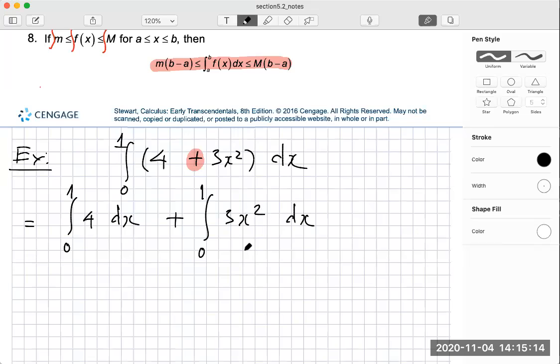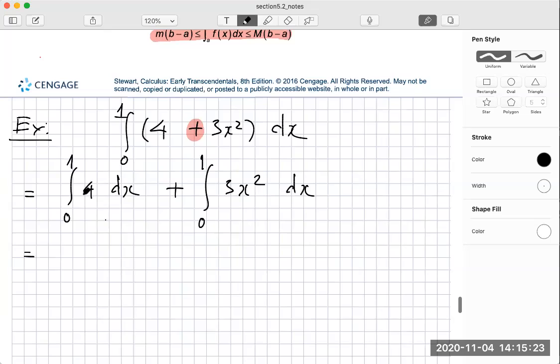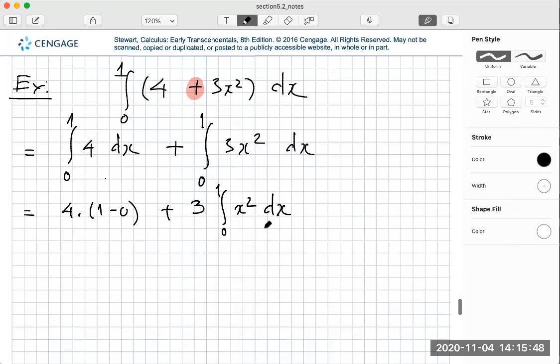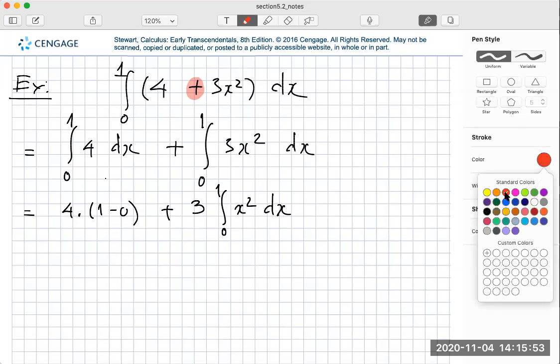Perfect. Very good. And here, the integral from 0 to 1 of the number 4 gives us? Yes, 4 times the difference. And here, 3 is a constant, right? Can we take it out of the integral? It will be 3 times the integral from 0 to 1 of x squared dx. And we have done this formula before.